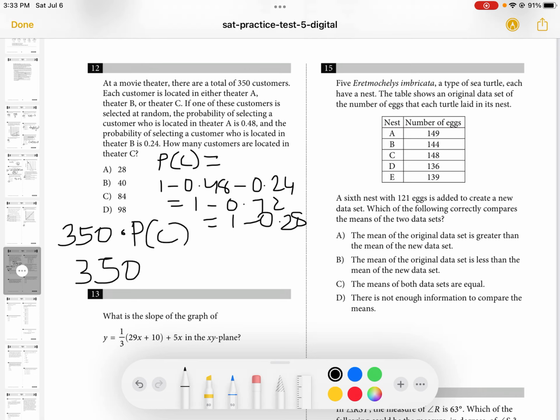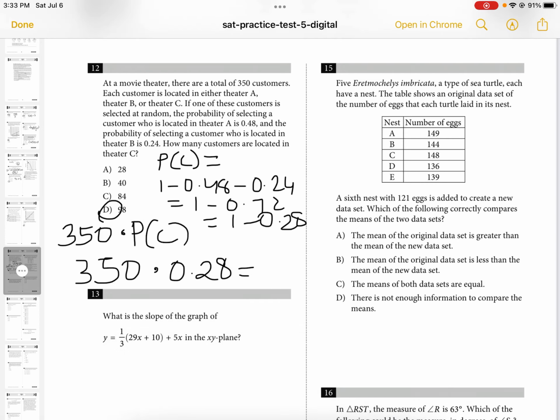So the number of people in theater C is 350 times 0.28. And that's equal to, let's see, 28% of 350 is 98, and that's our answer.